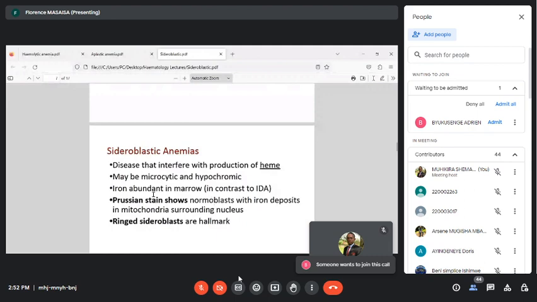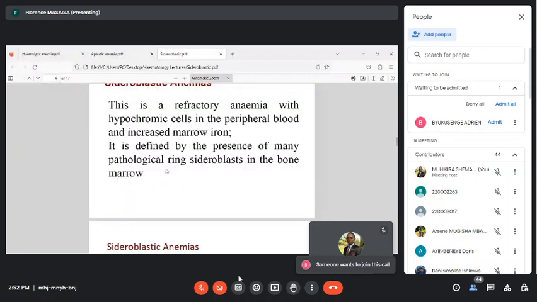In iron overload, the iron is abundant in the bone marrow, but in iron deficiency, there is an absence of iron in the bone marrow. So this is what we call ring sideroblast.